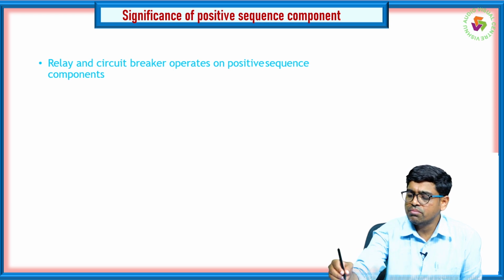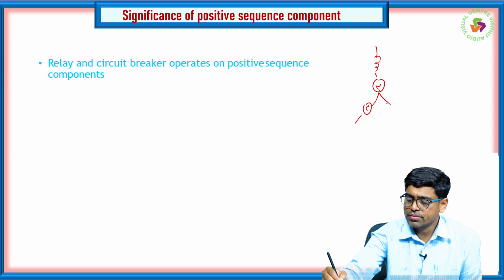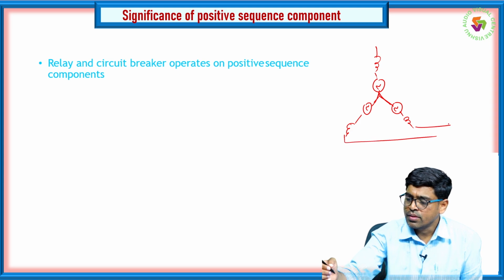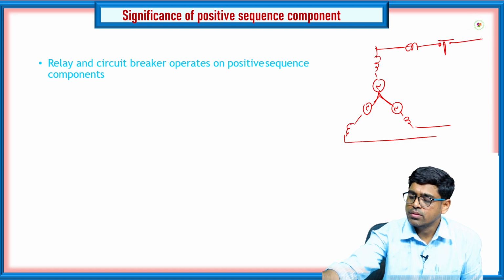So you can see the alternator, which has EMF induced in it. At this alternator we need to connect a CT, then it has a circuit breaker, and some relay mechanism will be there like this.